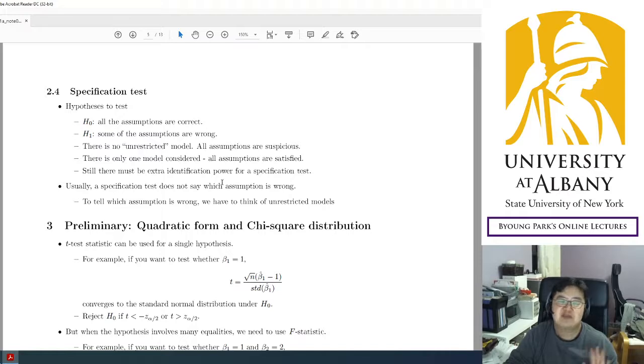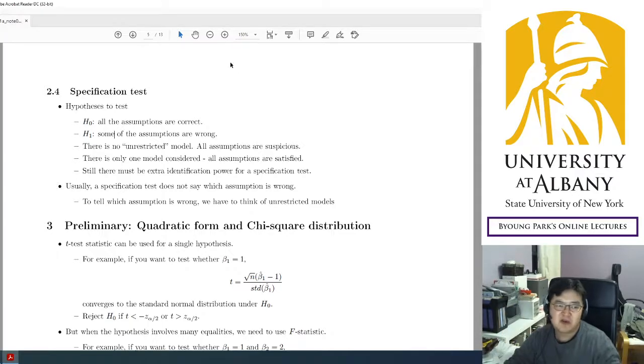Maybe we have a chance to talk about specification test in the instrumental variable regression case. So we are going to discuss this. So far I just gave you many new concepts.